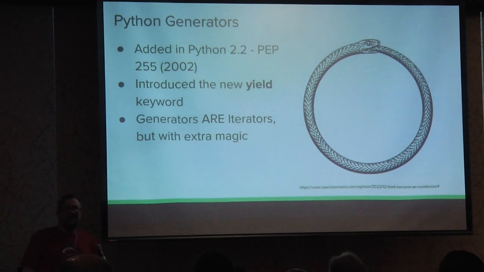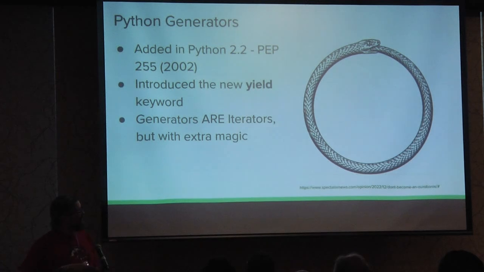But generators were added in Python 2.2, right? PEP 255, right? So these came pretty shortly after iterators. And they introduced a new keyword. If you've ever seen the yield keyword, you've probably dealt with generators a little bit. These also work their way into a lot of the async stuff, if you've ever worked with asynchronous Python.